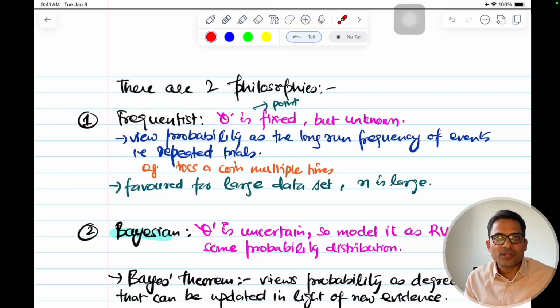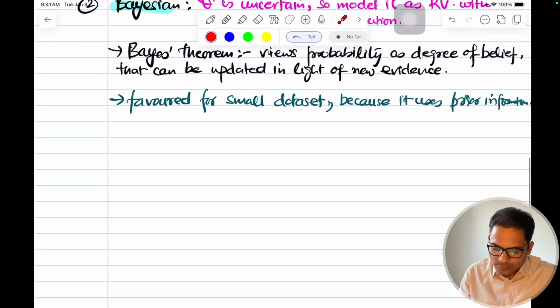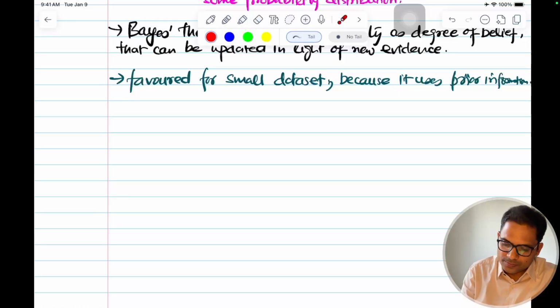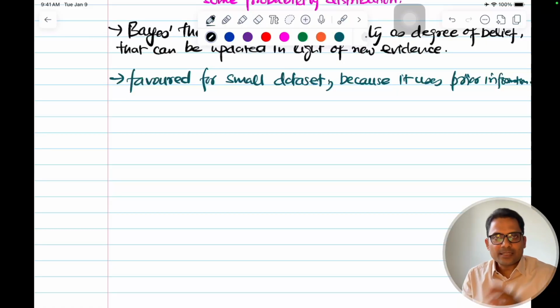Now let's get into the frequentist approach. Under the frequentist approach we do a long running average, and the one we are going to discuss today is the maximum likelihood estimator, MLE. It gives one point estimate.